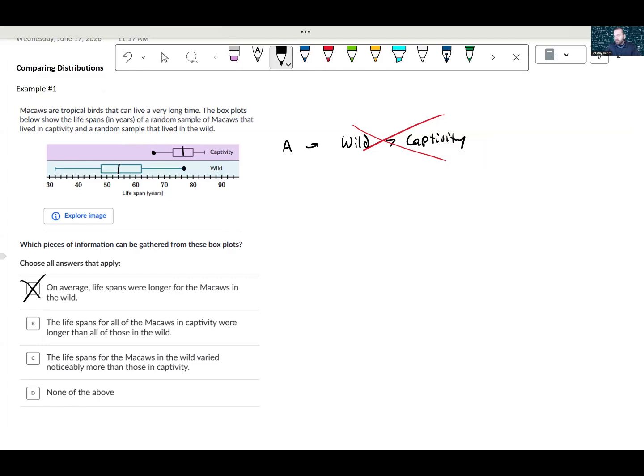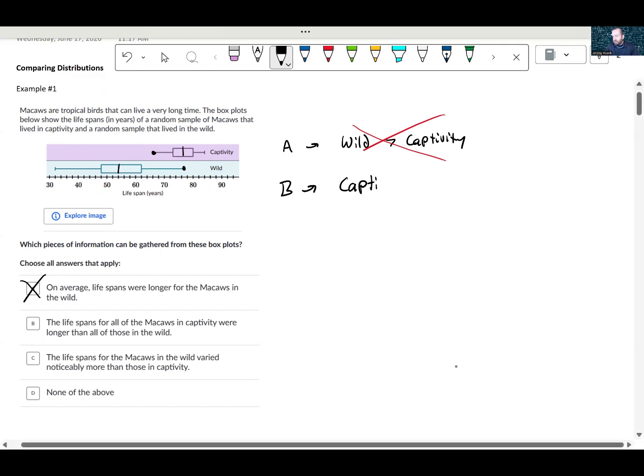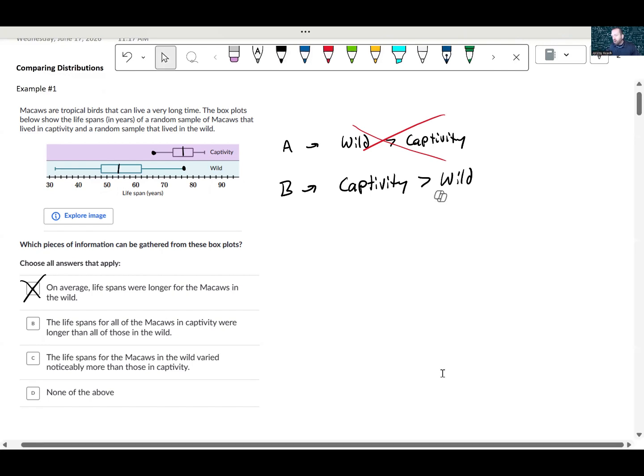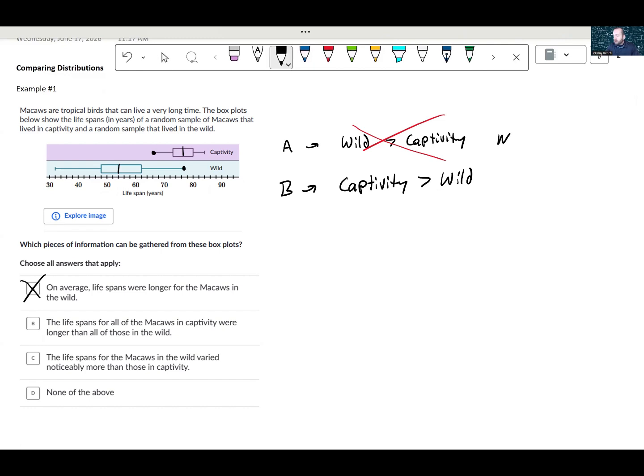So we're just going to write what the statements are originally saying just to simplify this a little bit. It's saying that the captivity is longer than the wild. So captivity is greater than those in the wild. For all. This is for all.